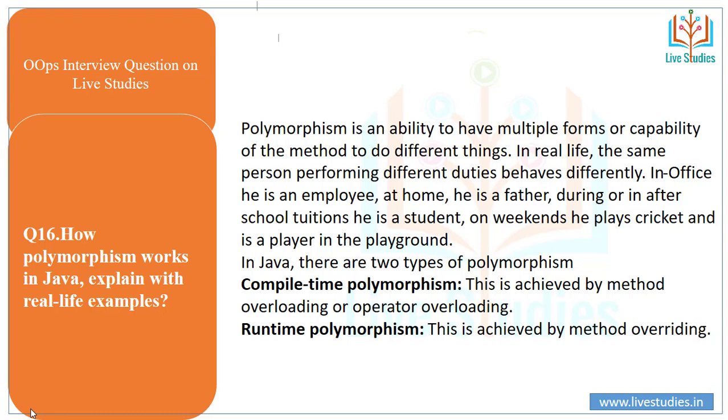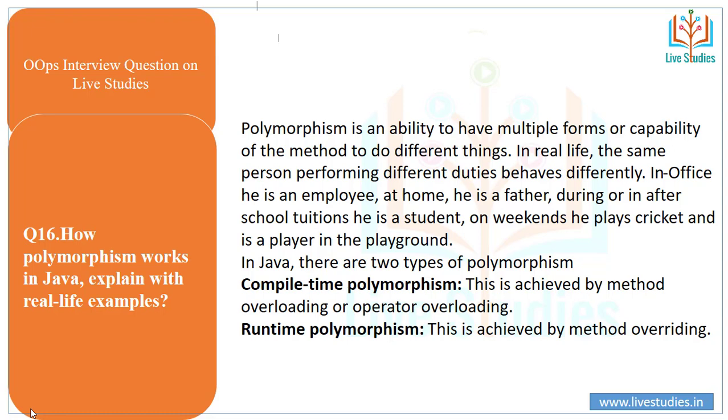In real time, the same person performs different duties and behaves differently. In the office he is an employee. I am a student, I am a teacher, I am a developer. But who I am means I am a man.